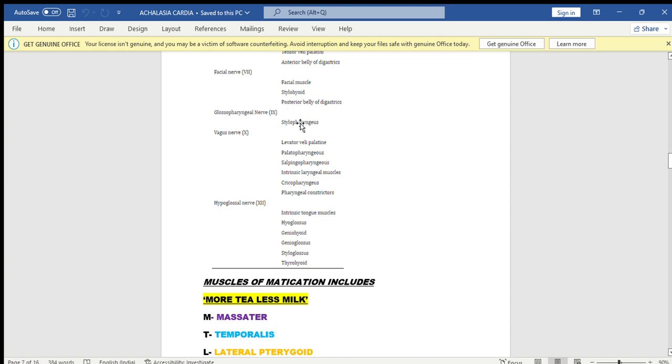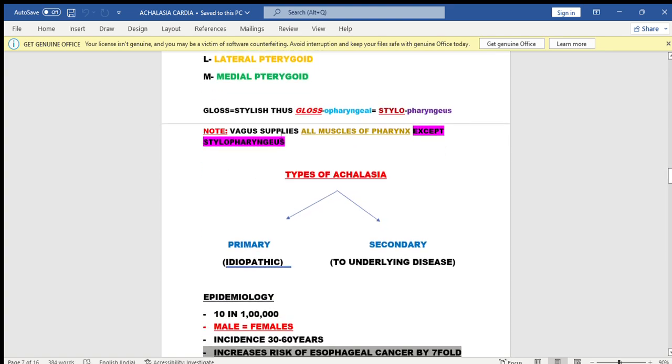Glossopharyngeus is going to supply stylopharyngeus muscle. Right? The vagus will supply all the muscles of the pharynx except the stylopharyngeus, and the stylopharyngeus is supplied by a glossy nerve, that is the glossopharyngeal nerve. So this is the way to remember it, right?